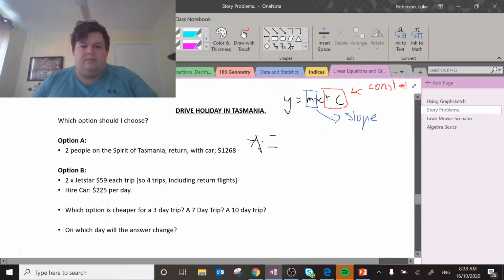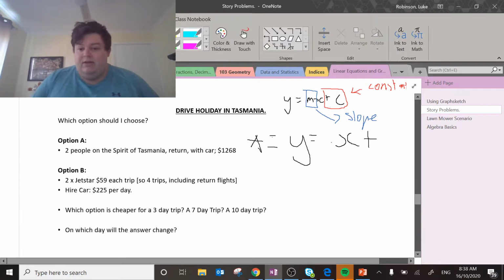Option A equals. Two people go on Spirit of Tasmania with a car, and it's $1,268. So this is y equals something x plus c. Now this one's not immediately obvious, because there's only a constant value.